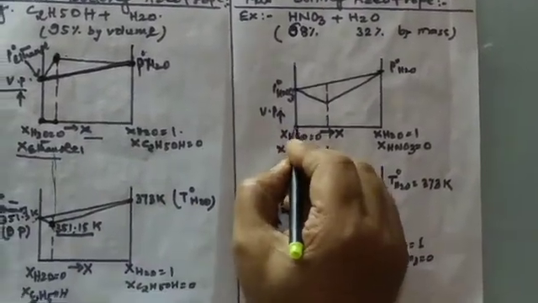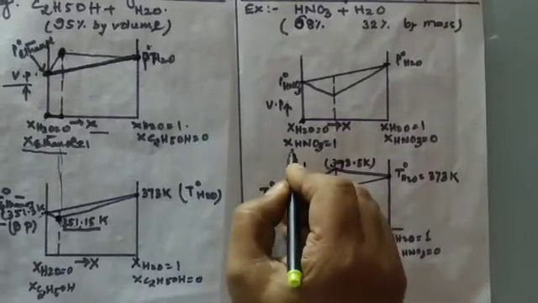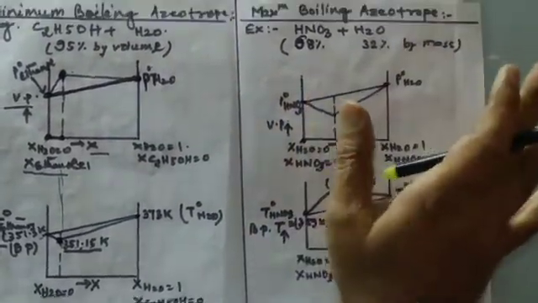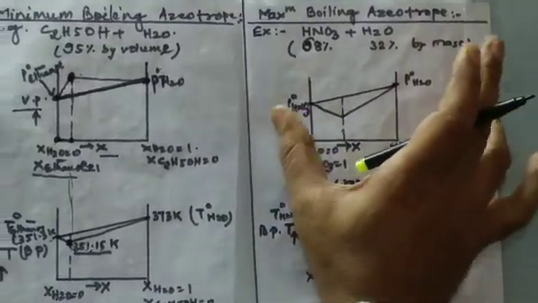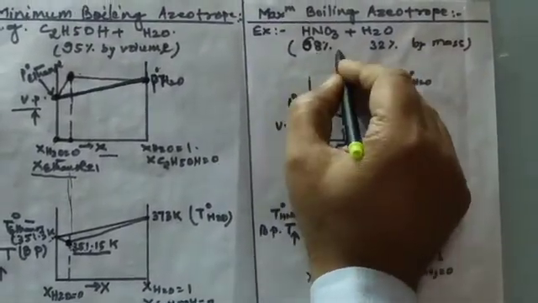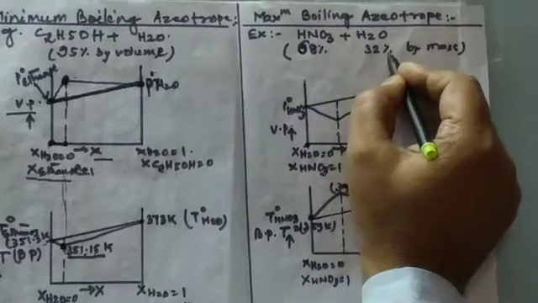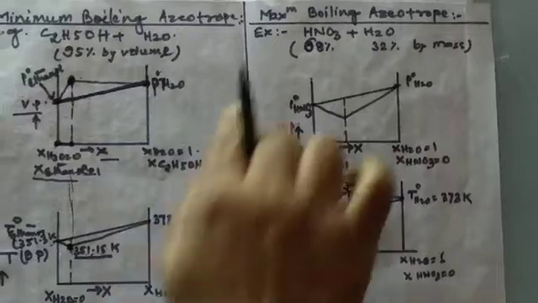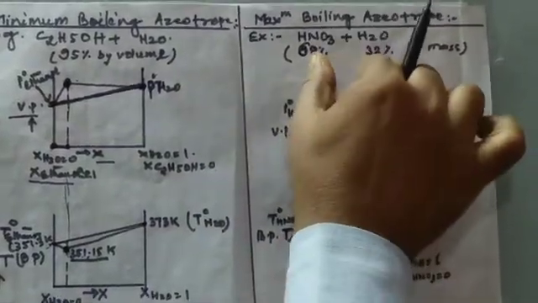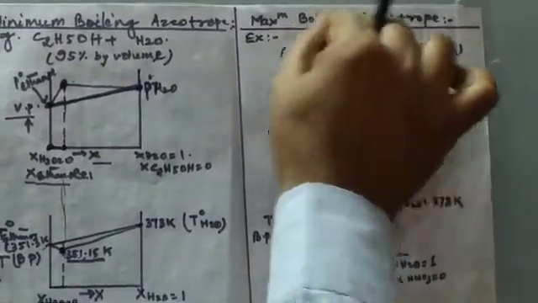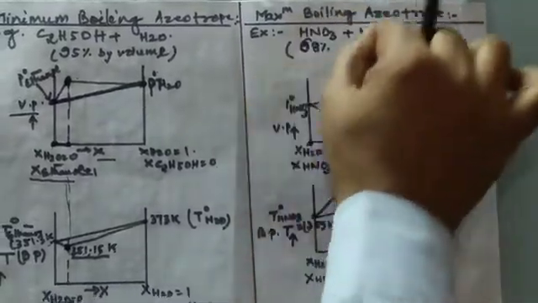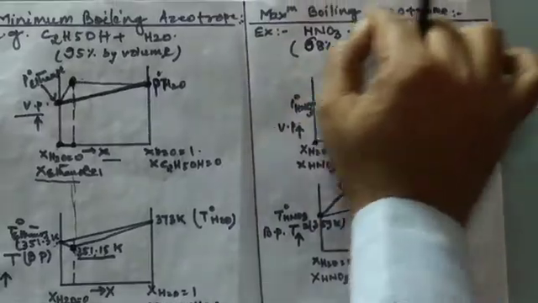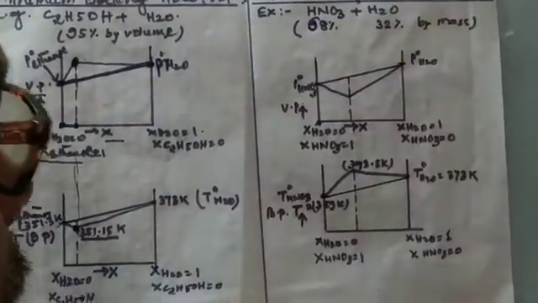Here the moles of water is 0 and the moles of HNO3 is 1, because an example of an azeotropic mixture showing negative deviation is a 68% aqueous solution of HNO3 by mass. That means 68 gram of HNO3 and 32 gram of water. When mixed together, it forms the maximum boiling azeotrope, showing negative deviation from Raoult's law.